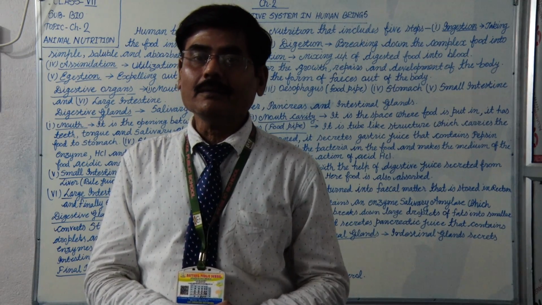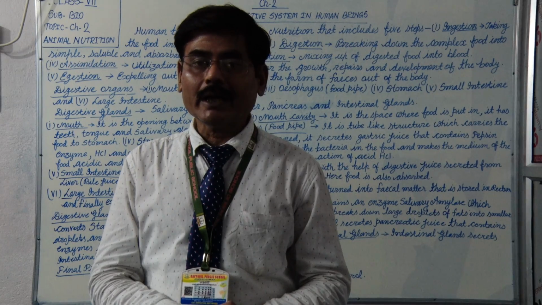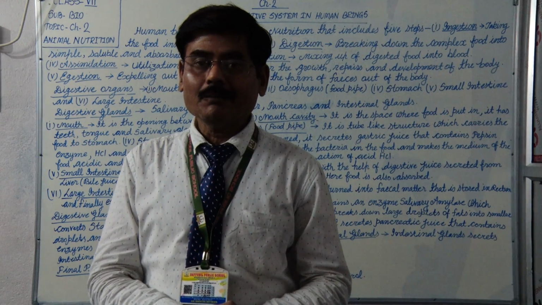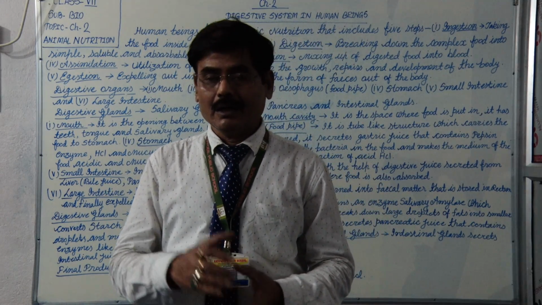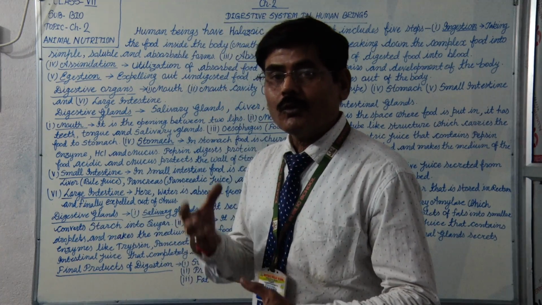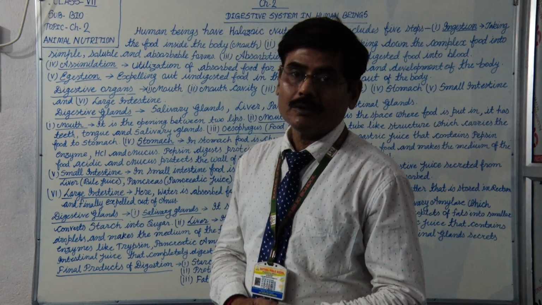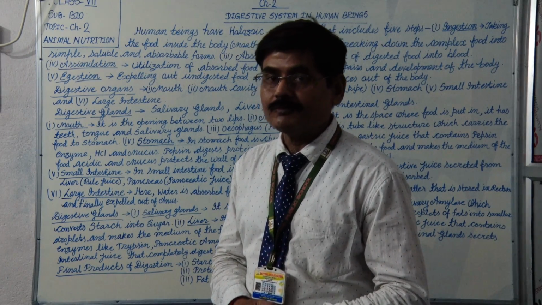So when the food is completely digested, then what happens? The final products of the digested food are that carbohydrate, that means starch, is converted into sugar. Sugar is the simplest form of carbohydrate.